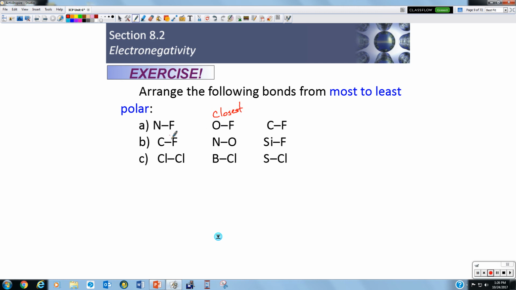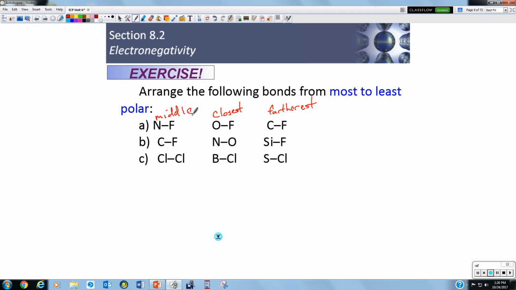Now looking at carbon and fluorine versus nitrogen and fluorine, which one is the farthest away? Carbon and fluorine. One step at a time. All right, so that's the farthest, so this is in the middle.